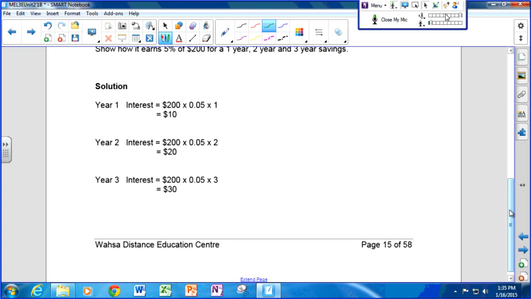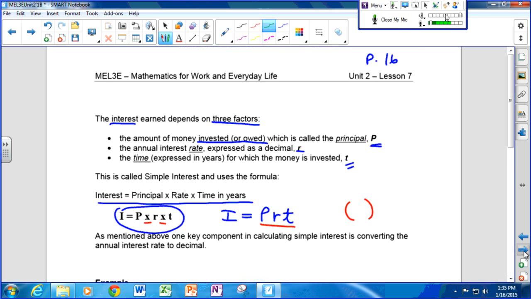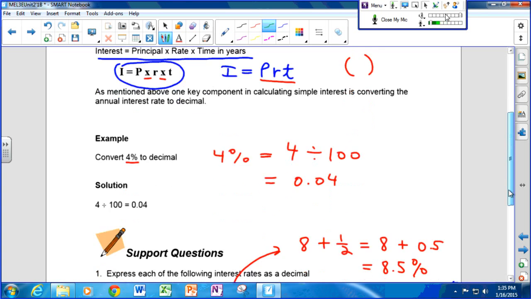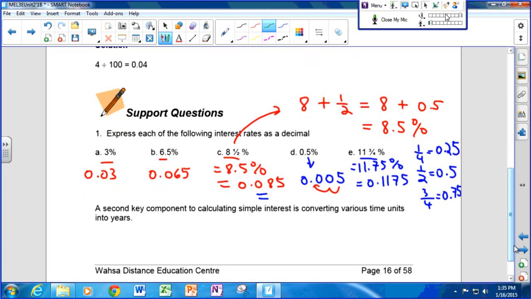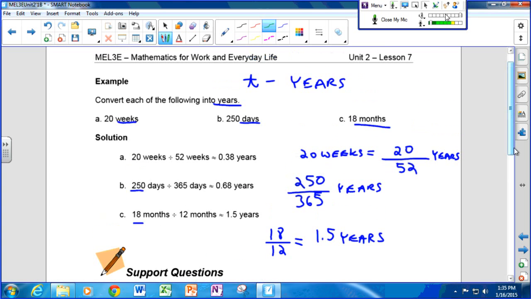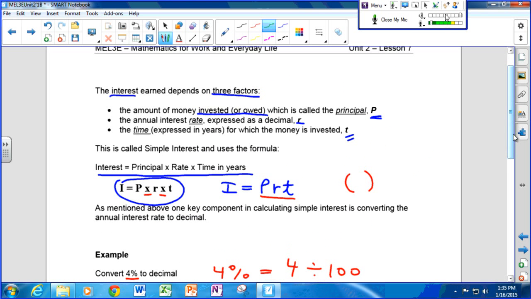Now, when we first started, we just added interest and looked at how it would build up. Remember that the simple interest formula is I equals PRT, I equals P times R times T, and we need to know what each one of these things means. The R is the annual interest rate, and it has to be expressed as a decimal.